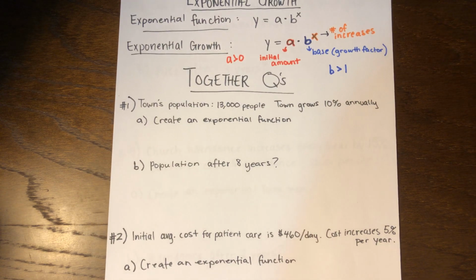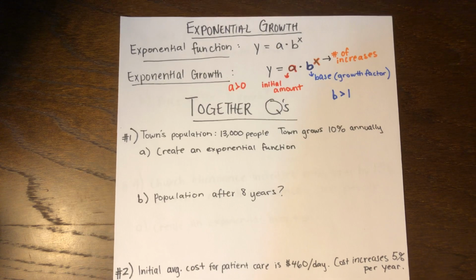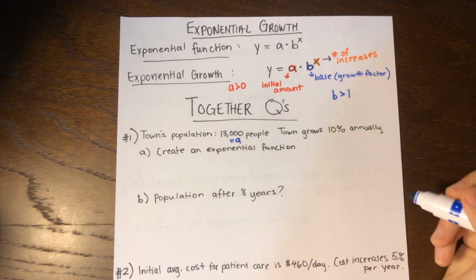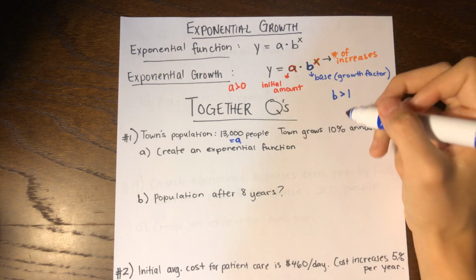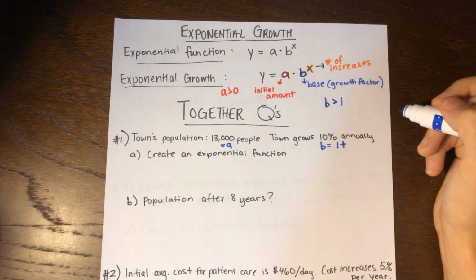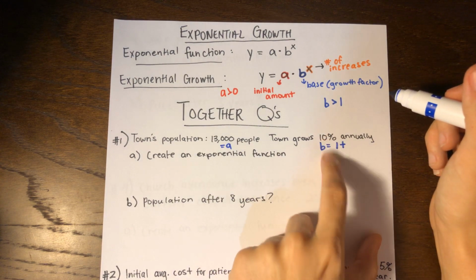It says a town's population is 13,000 people. The town grows 10% annually. We need to create an exponential function. So the first thing we need to do, we know this is A. A is 13,000, and B is going to be 1 plus whatever the percentage is.